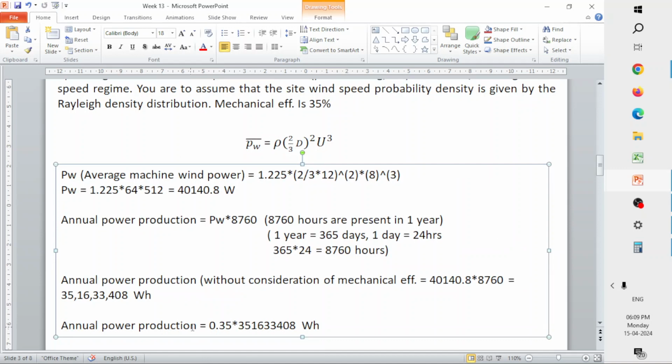This actually depends upon the question. If the question gives anything related to that efficiency percentage, then you are supposed to multiply the maximum power that you get with that efficiency to calculate your final answer. If there is nothing given to you in the question, then you can just leave it as such.